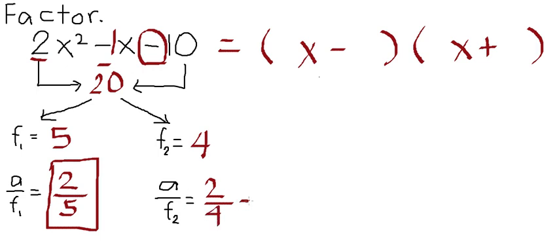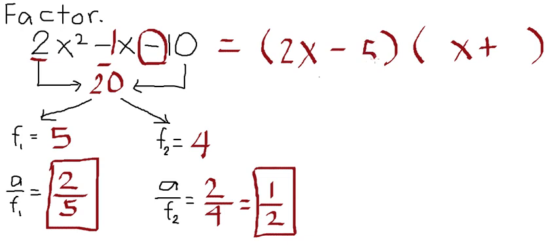Malulowest term pa ba? Correct. Divisible sila pareha sa 2 which is their GCF. So 2 over 4 is equivalent to 1 half or 1 over 2. So ito yung mga gagamitin nating fractions. 2 over 5 and 1 over 2. So dito yung 2 and 5, dito naman yung 1 and 2.